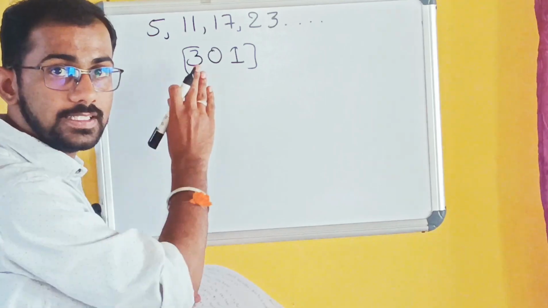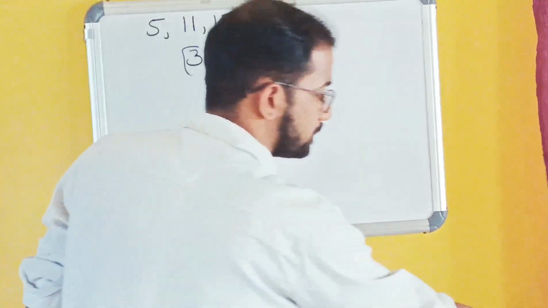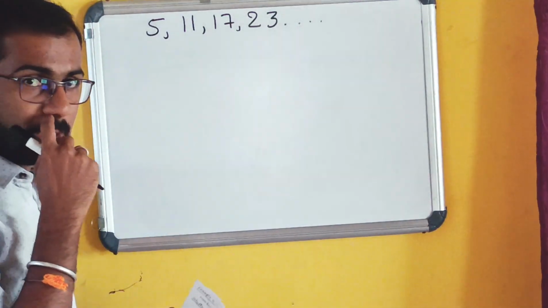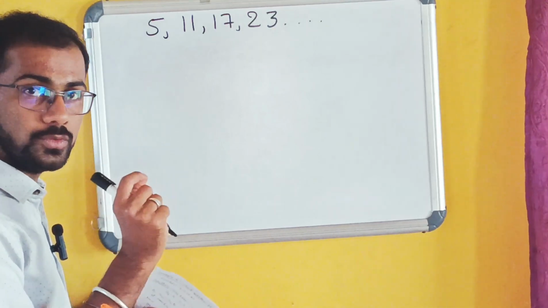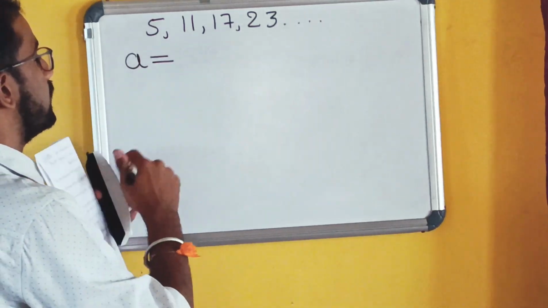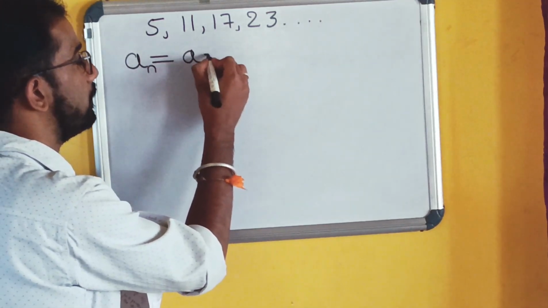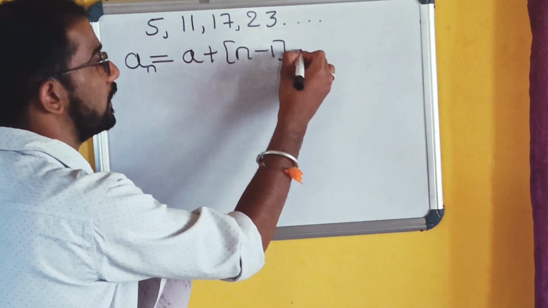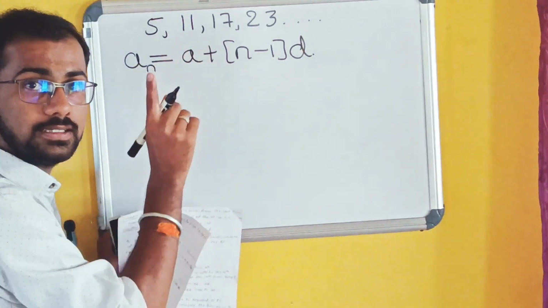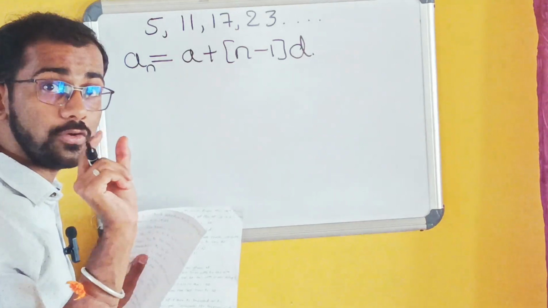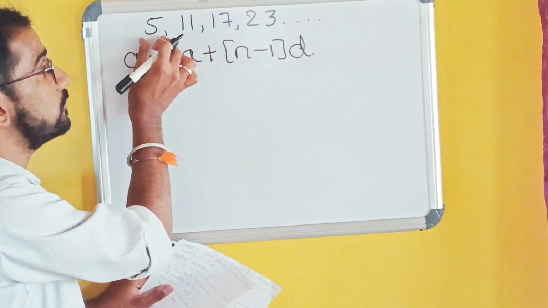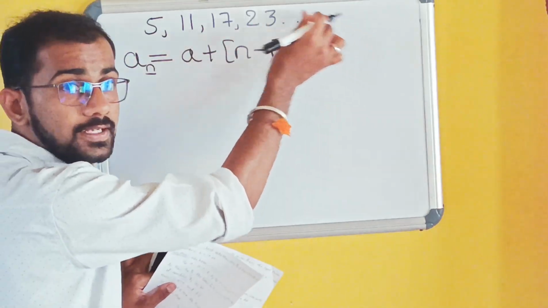How to check whether this is present or not? Let's see how to find out this number. First we have to consider the nth term formula, that is a plus (n minus 1) into d. Here n stands for the number of terms: 1, 2, 3, 4, 5, 6, 7 and so on.